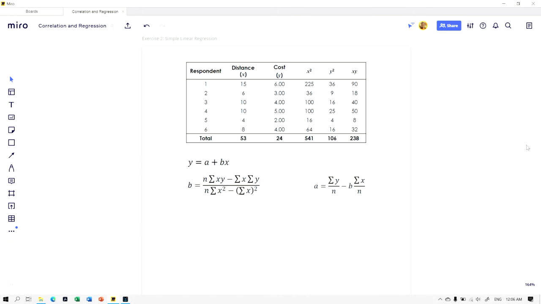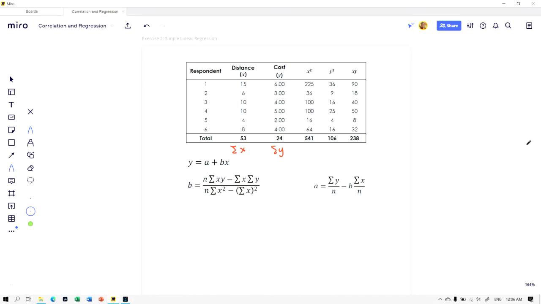Again, this is the same data and the sum of each column is given to you. This is the sum of x for the column of x. This value for the column of y is the sum of y.